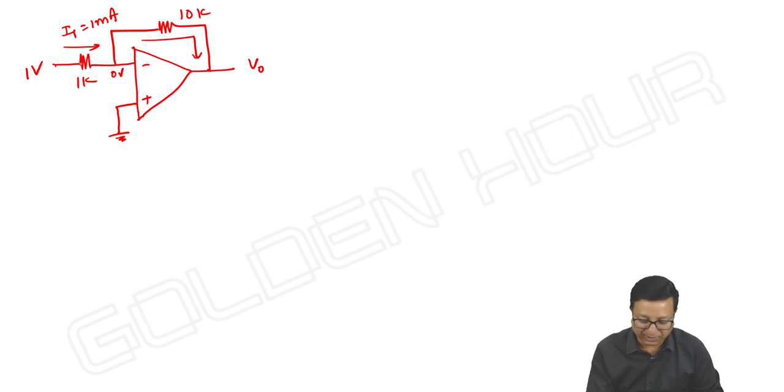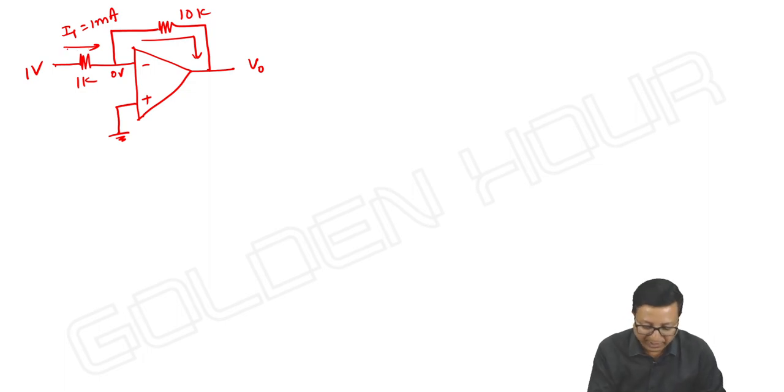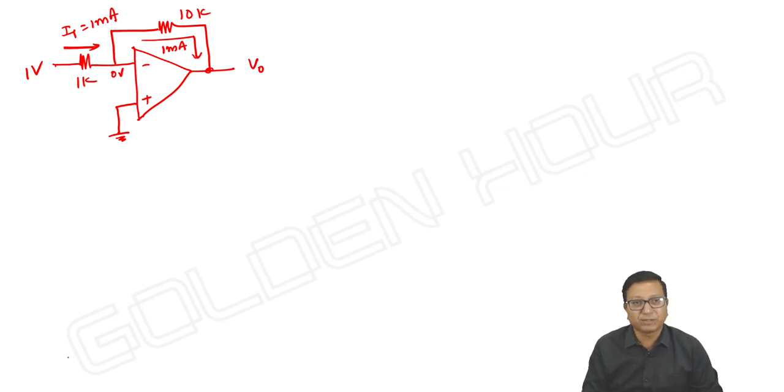No. Whatever I1 is coming from the source, the same current will be flowing towards the output terminal. The same 1 milliampere is flowing. Anyway, what is V output? Voltage across the feedback path looking from output to input.